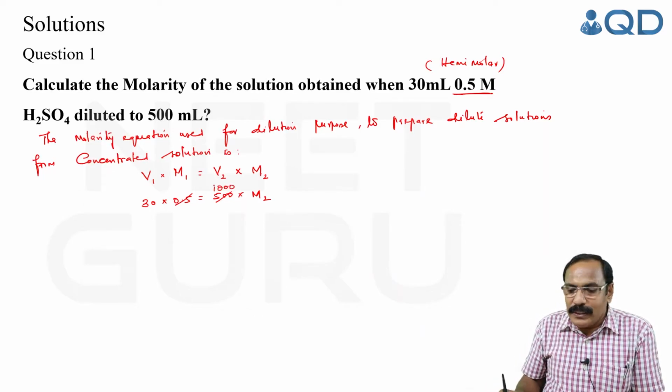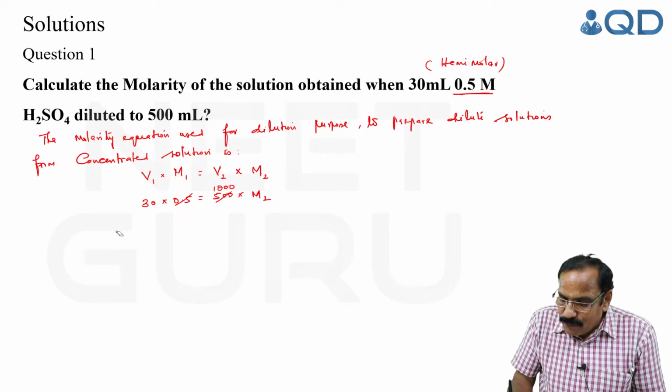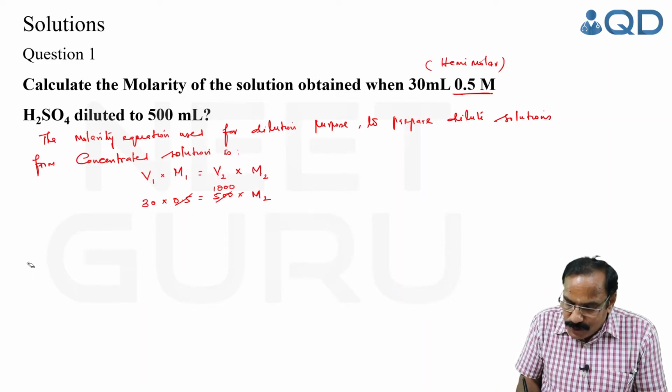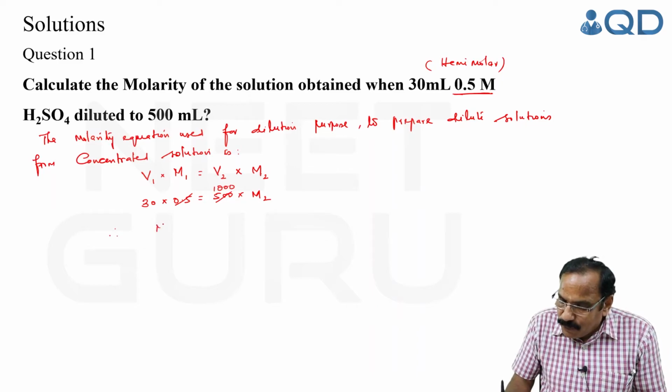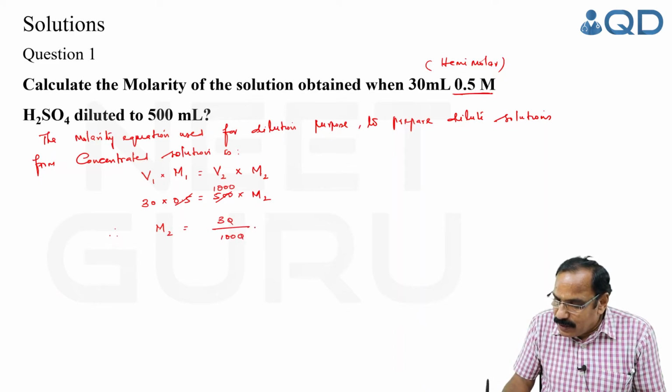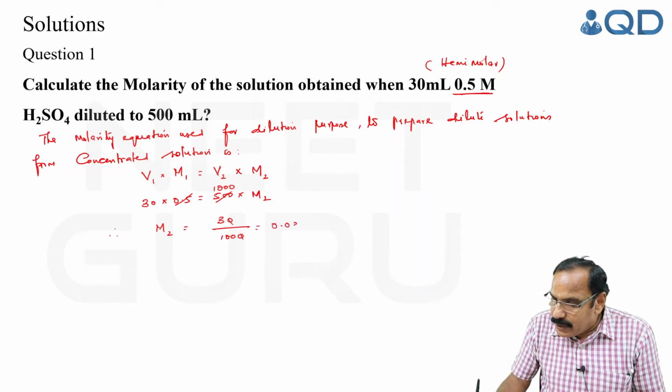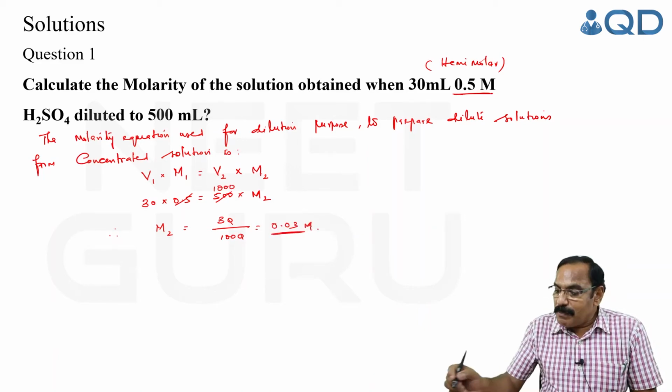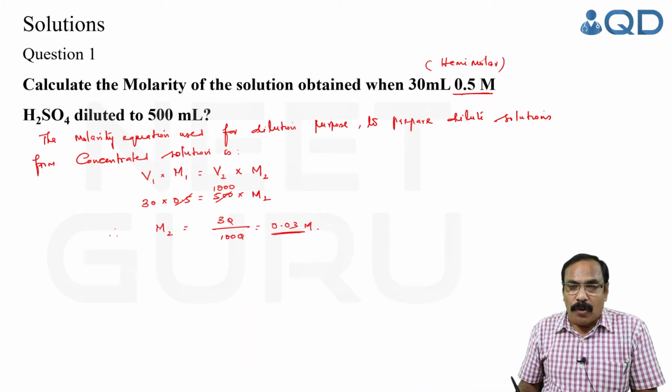Yes or no? Yes. Therefore, the final molarity of the solution is 30 by 1000, or it is 0.03 molar. You see, semi-molar becomes 0.03 molar.